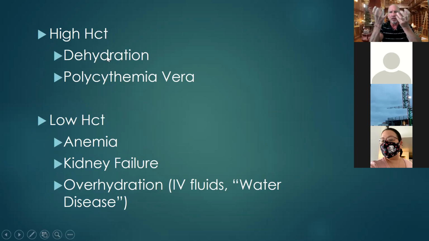The water is in the plasma. If you lose plasma, it's going to make your hematocrit look higher, right? So that's why the H&H, or your hematocrit, can appear bigger if the person is dehydrated. It'll look lower if you have anemia. If you have fewer red blood cells and more plasma, it's going to make it look lower.